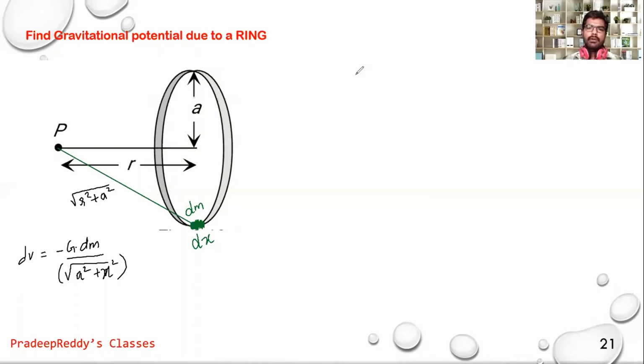We will now write V is equal to integration of dV, which is integration of capital G, of course the negative sign comes as it is, dm divided by under root a square plus x square.